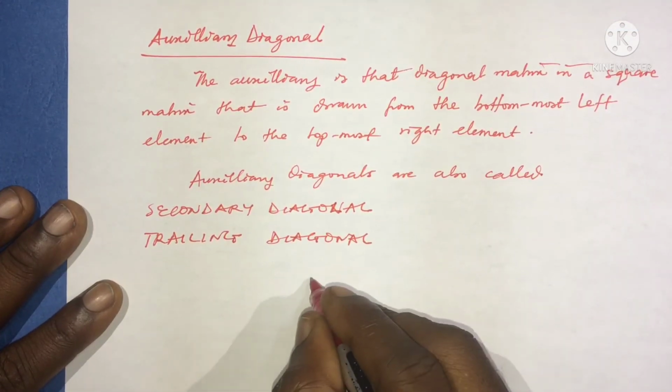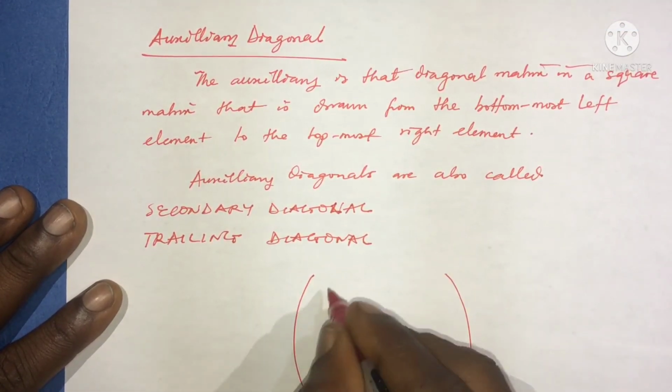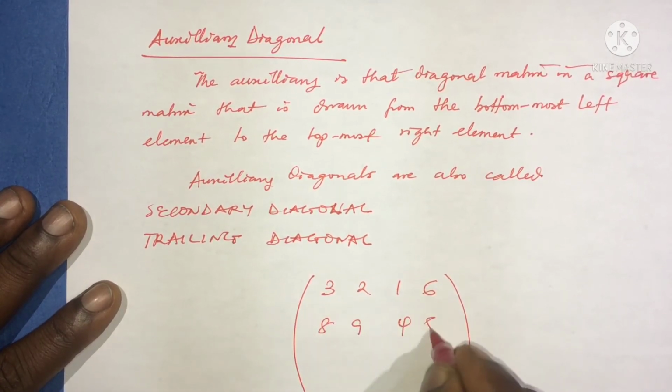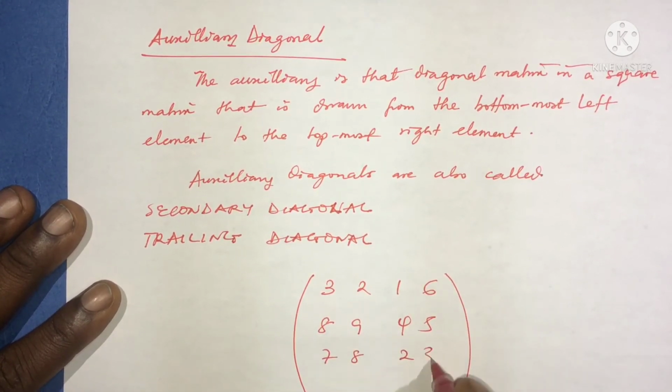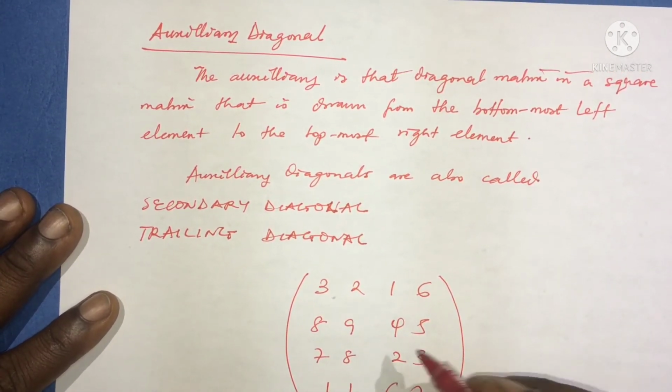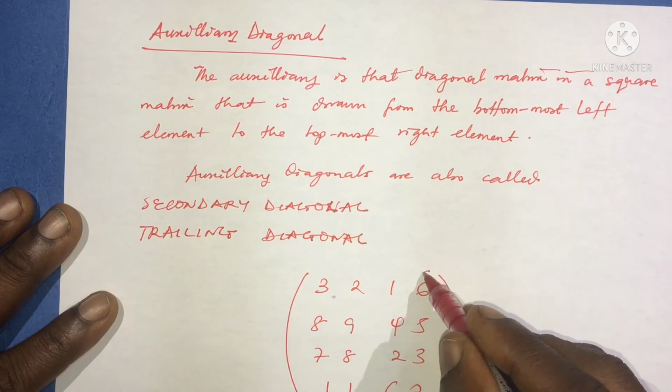And if I have a matrix like this, 3, 2, 1, 6, 8, 9, 4, 5, 7, 8, 2, 3, and 1, 1, 6, 2, then what we call the auxiliary diagonal is this.